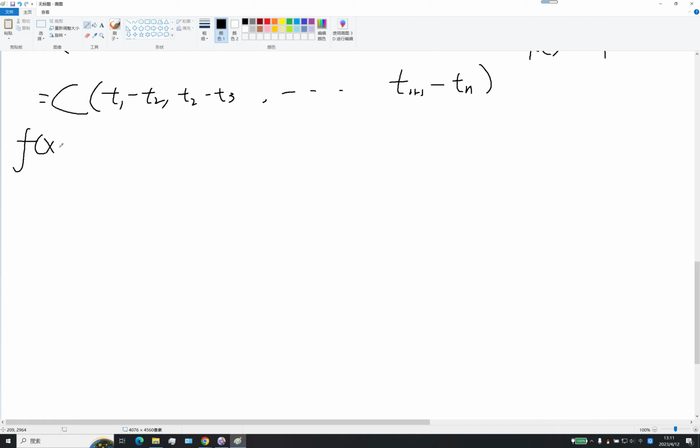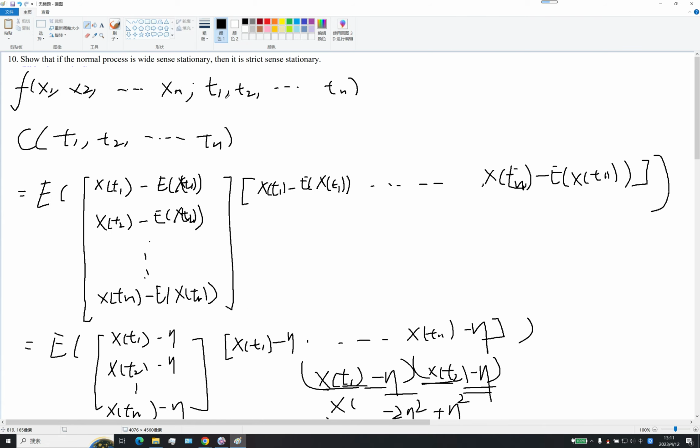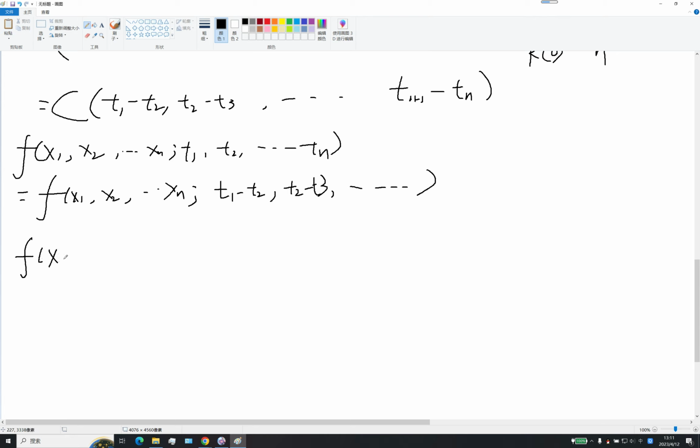So we know that f of x1, x2, ..., xn and t1, t2, ..., tn is equal to f of x1, x2, ..., xn and t1 minus t2, t2 minus t3, and so on. So if we want to know if it is strict-sense stationary, we should check whether f of x1, x2, ..., xn with t1 plus epsilon, t2 plus epsilon, and so on, up to tn plus epsilon, is equal to this.